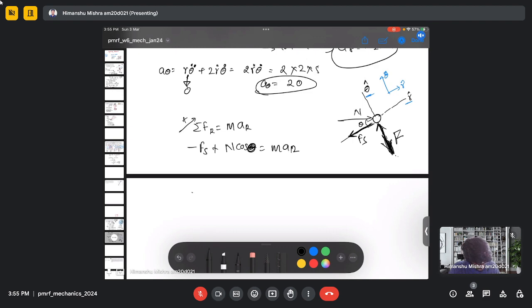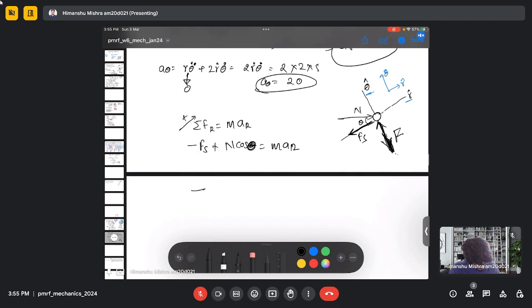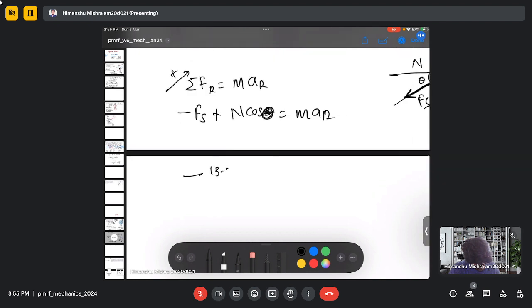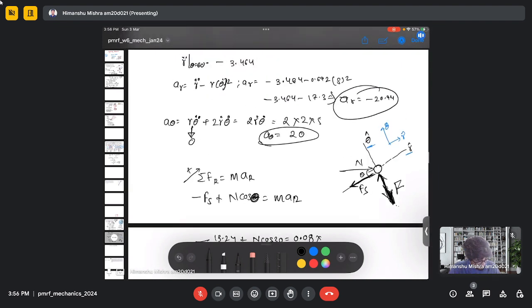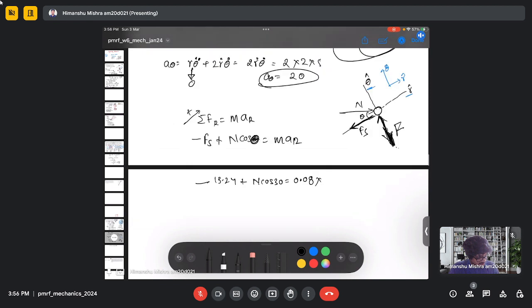So it will be minus 13.24 plus N cos 30 equals m, which is 80 grams, so 0.08, times a_r, and my a_r is minus 20.94.